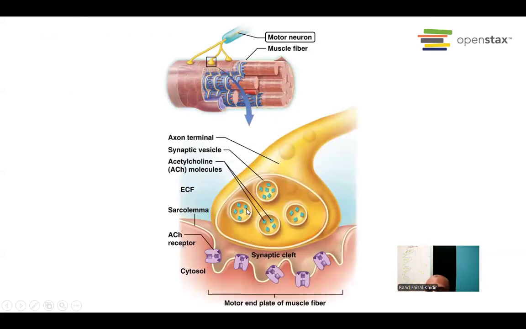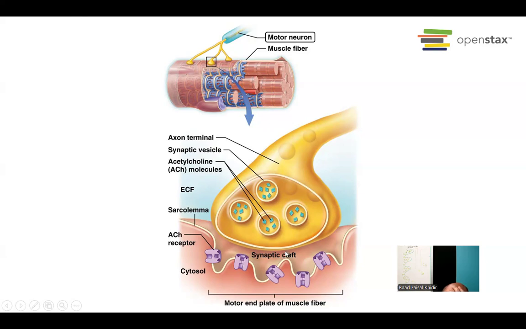You see, there we are. This is the synaptic cleft, that is the presynaptic terminal, that is the postsynaptic terminal. And we see that the action potential coming down the neuron is going to cause these vesicles to release what? What are these vesicles full of? Acetylcholine.